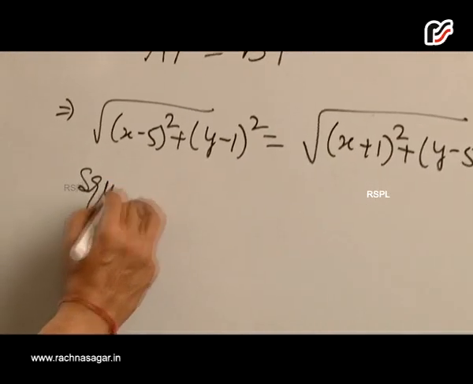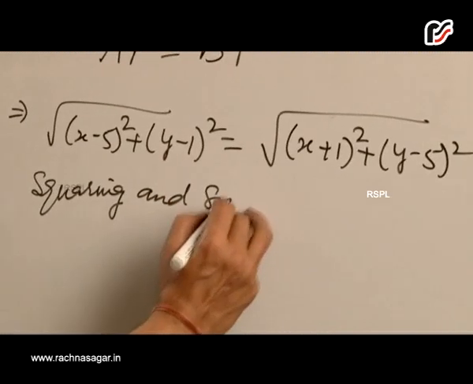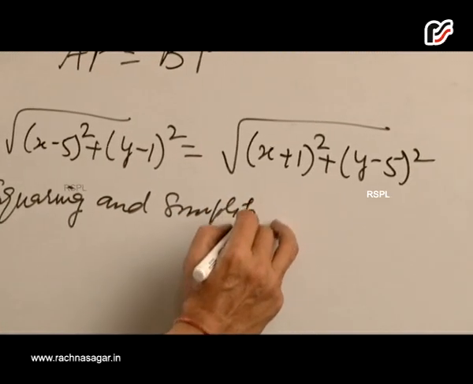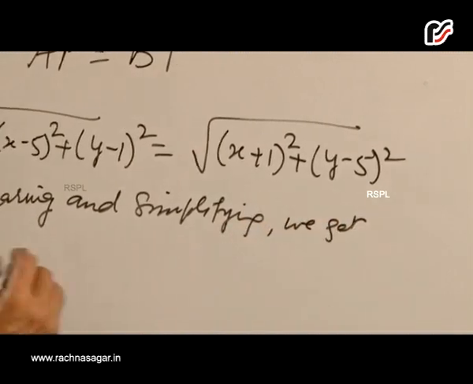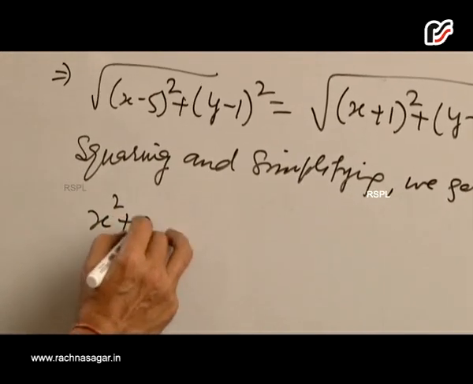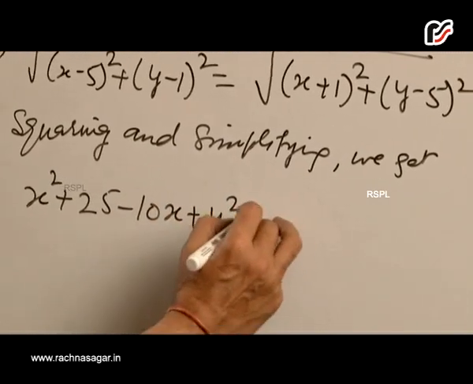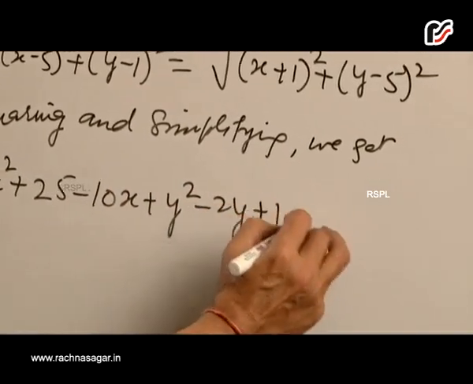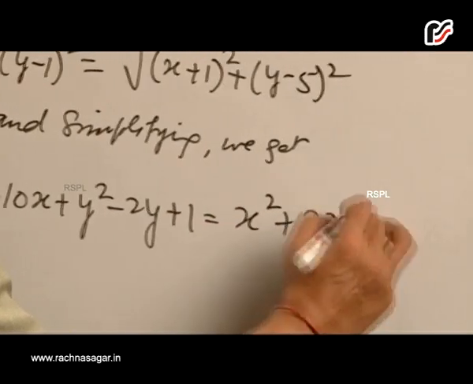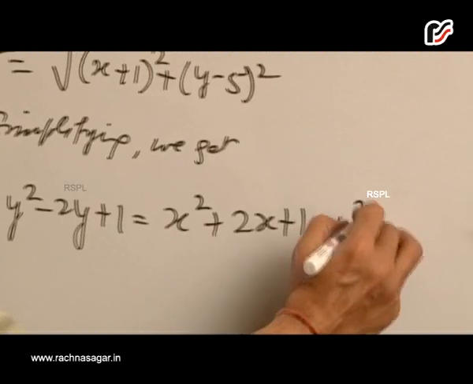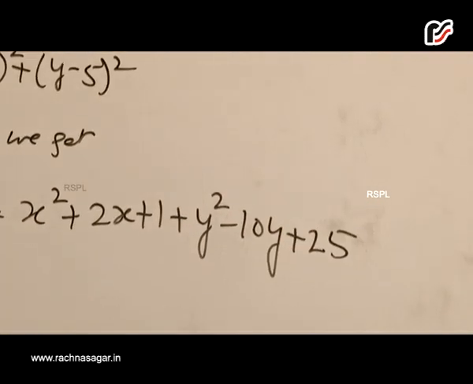Squaring and simplifying, we get x square plus 25 minus 10x plus y square minus 2y plus 1 equals x square plus 2x plus 1 plus y square minus 10y plus 25.